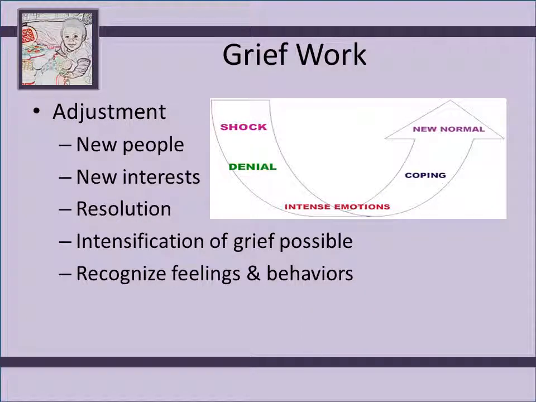There's a period of adjustment. There's an eventual attachment to new people, a development of new interests over time. Resolution of grief can take years. There's an intensification of grief possible in early years of grief work. This helps families recognize normalcy of adjustment to feelings and behaviors because this does help with the grief process.